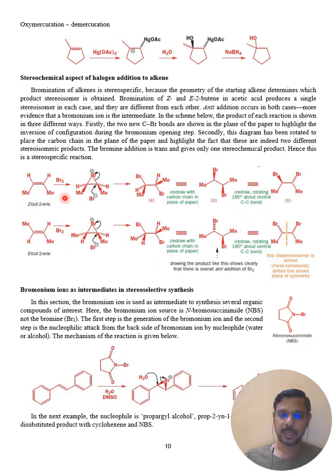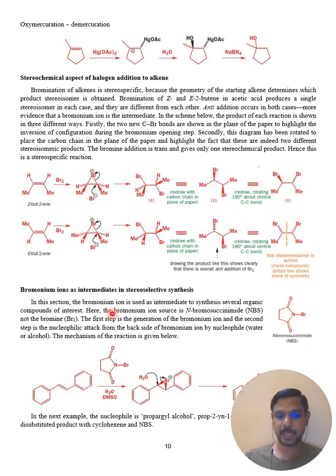You see here the cis alkene gives the trans addition and the trans alkene gives the trans addition. So when you tilt it, you will have a cis orientation, and you will observe that both the bromines are in the cis direction. But if you tilt this to a methyl group in a trans position, as in the starting material, you will see both bromines on the trans position, that is the trans product.